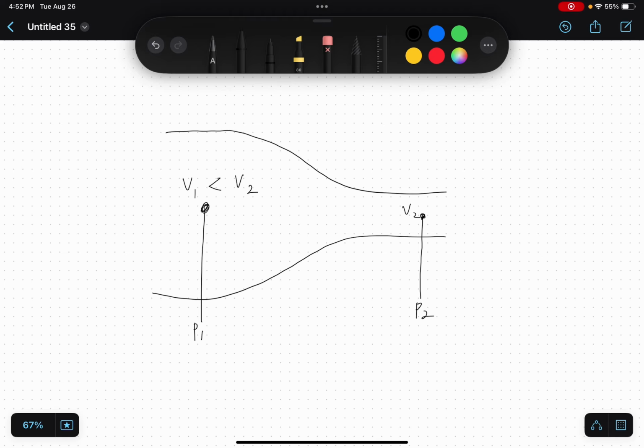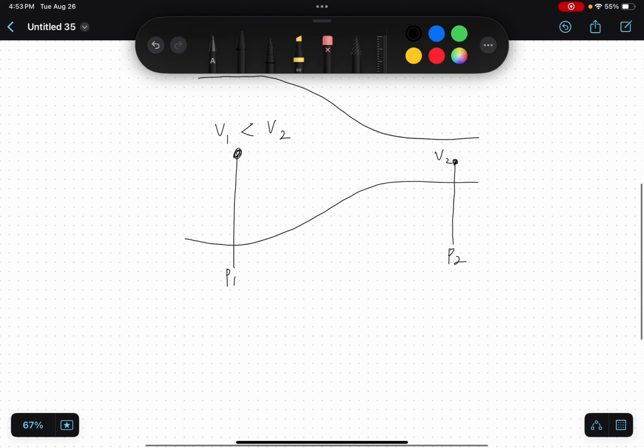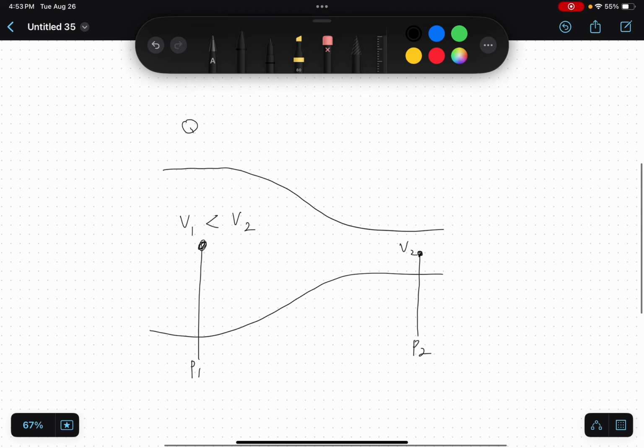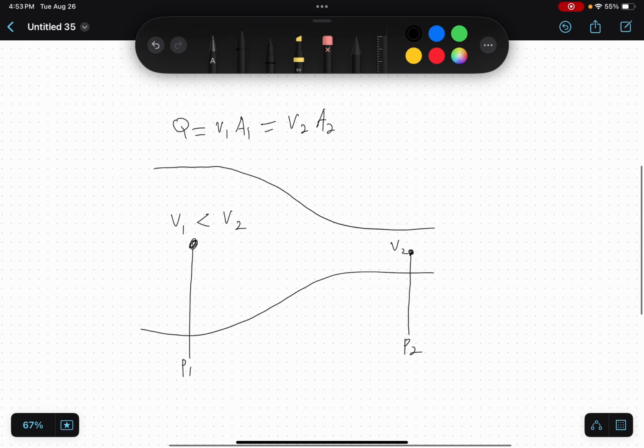And that's because the Q, so the total flow at point 1 has to equal the total flow at point 2. Let me write out that equation. Q equals V1 A1, which also equals V2 A2. So Q is constant.